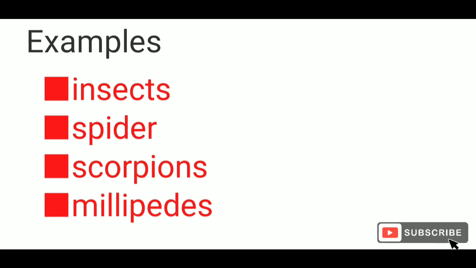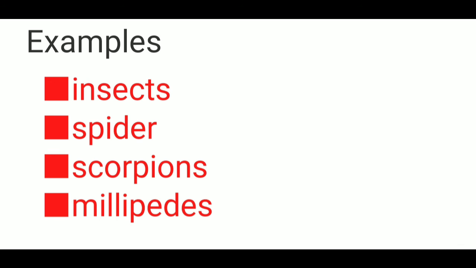Arthropoda is the largest group in the animal world, containing the highest number of animals. Insects, spiders, millipedes, centipedes, prawns and crabs are some organisms that belong to the arthropods group.